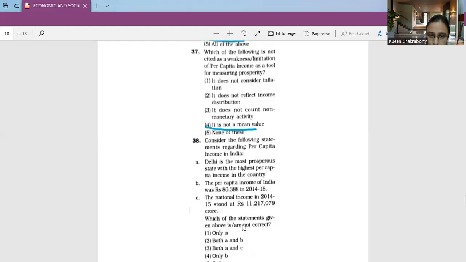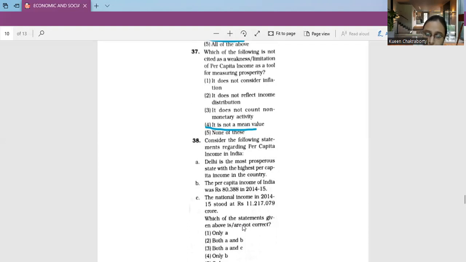Next, moving on to question number 38. Consider the following statements regarding per capita income in India. Option A, Delhi is the most prosperous state with the highest per capita income in the country. Option B, the per capita income of India was rupees 80,388 in 2014-15.